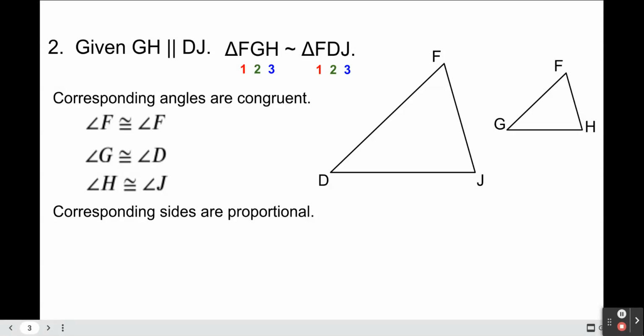The corresponding sides are going to be proportional. So start with any pair of sides. DF with GF. So we can see that in our similarity statement that DF, so the second and first, correspond with GF, the second and first.